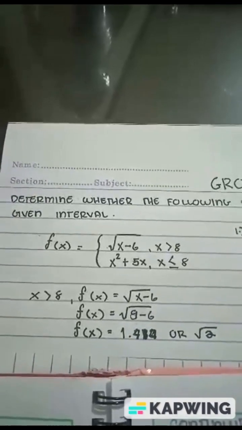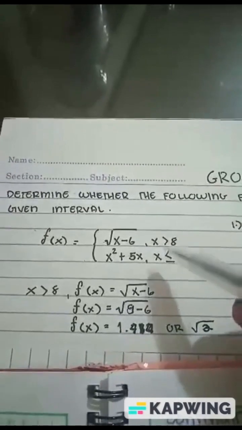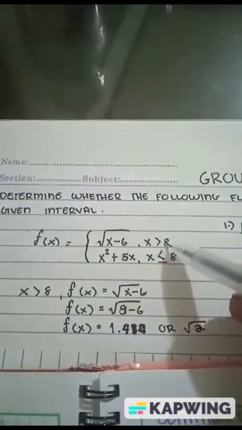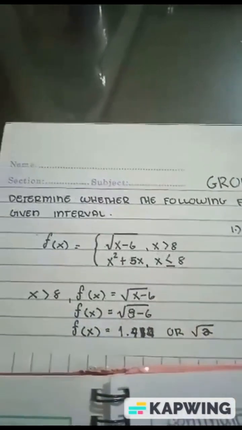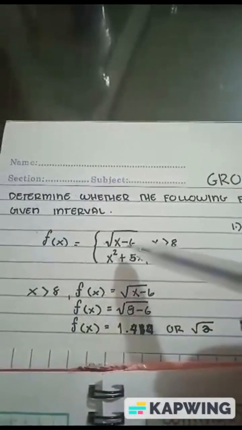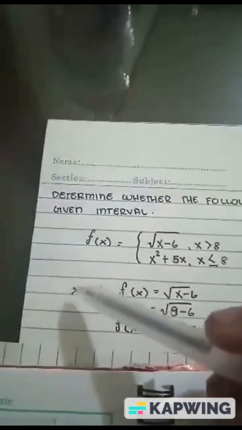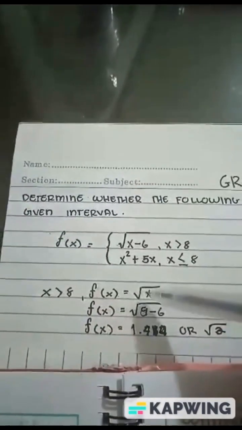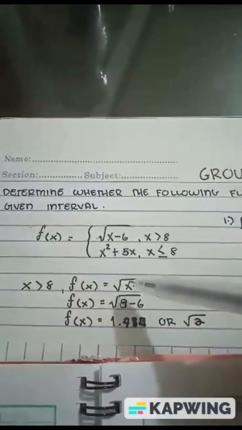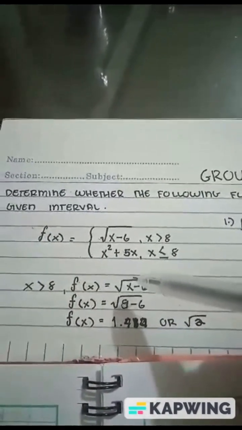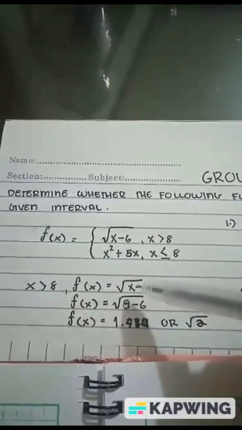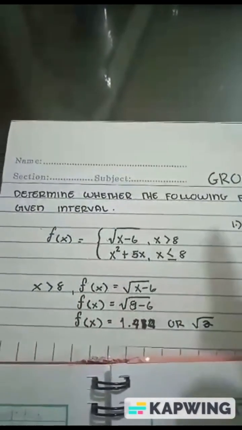Let's first see if our function is continuous at the given point, which is 8. The first one will be the first piecewise function, x is greater than 8. Our function will be a radical. Since it's a radical, it should always have a value. If it's negative or has no value, it will be undefined.